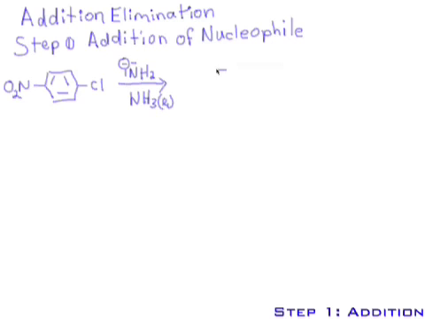I will get essentially, he'll dump in his 2 electrons there, and that'll push those 2 electrons out, and I'll get a negative charge in this position.